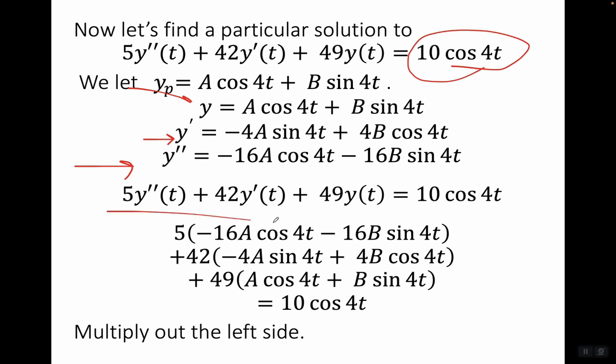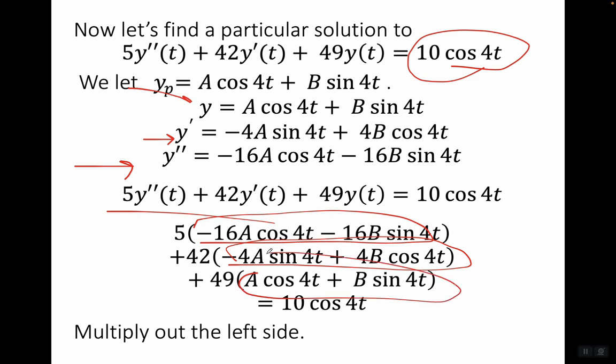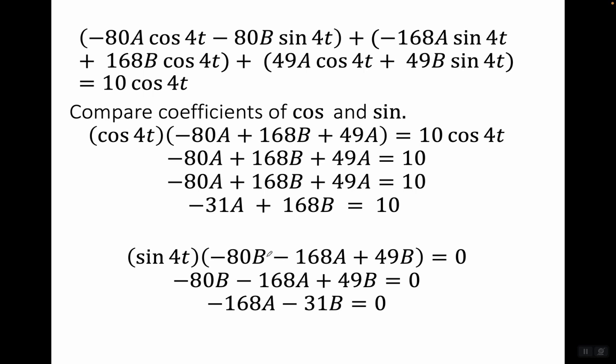We're going to plug all of that into this differential equation so that we get 5y double prime plus 42y prime plus 49y equals 10 cosine 4t. Now we multiply out the left side, and we end up with this big, messy equation. Let's compare coefficients of cosine and sine. So we have cosine 4t times negative 80a plus 168b plus 49a.